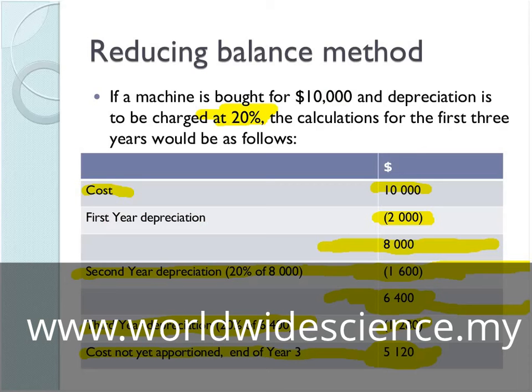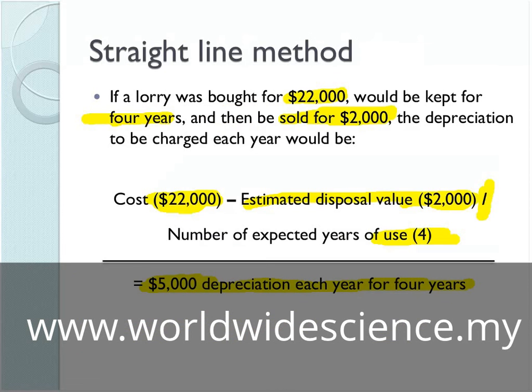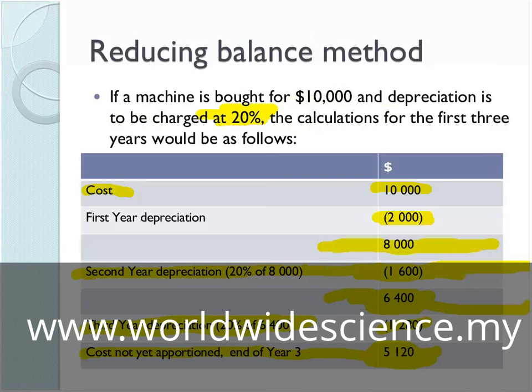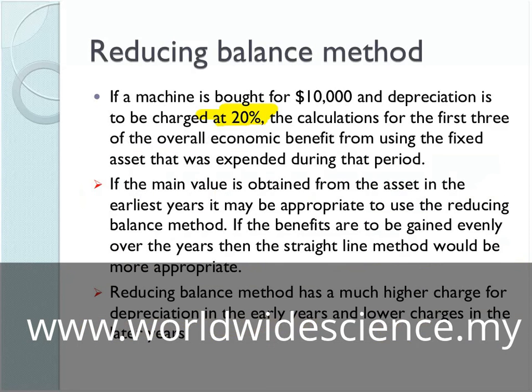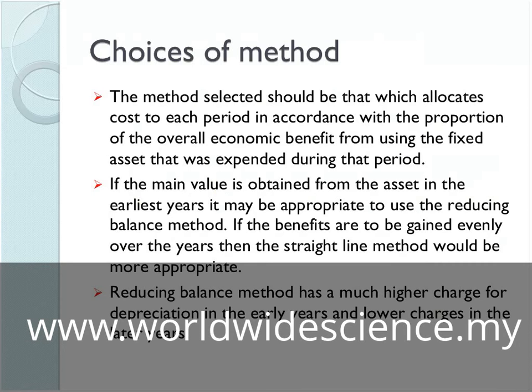Of course, your income statement will be decreased, and you can pay less taxes than if you use the other way, as I told you, the straight line method. It depends on the business, what is comfortable for you, which kind of method would bring you more benefit. And let's see, if the main value is obtained from the asset in the earliest years, it may be appropriate to use the reducing balance method, right?